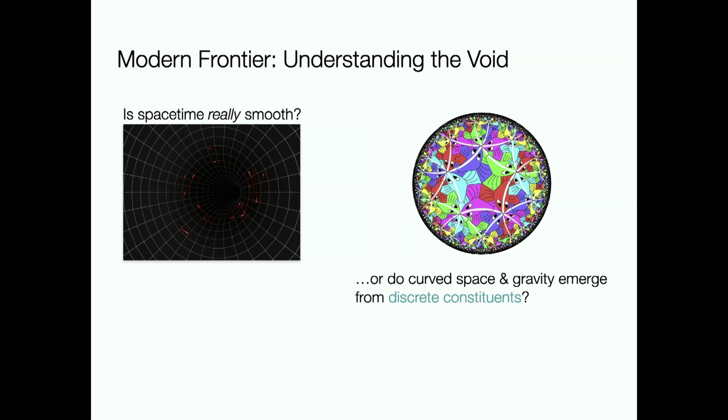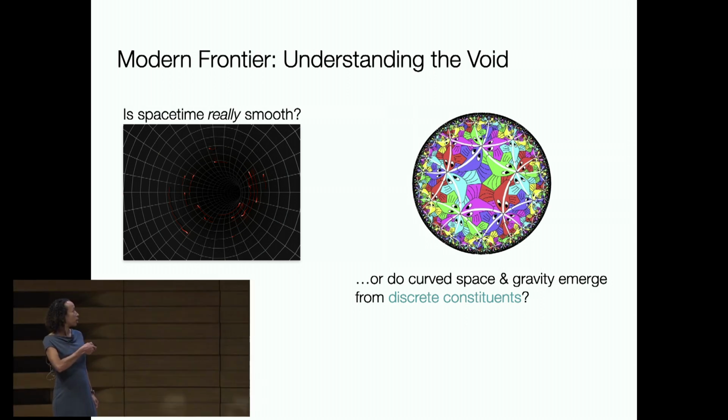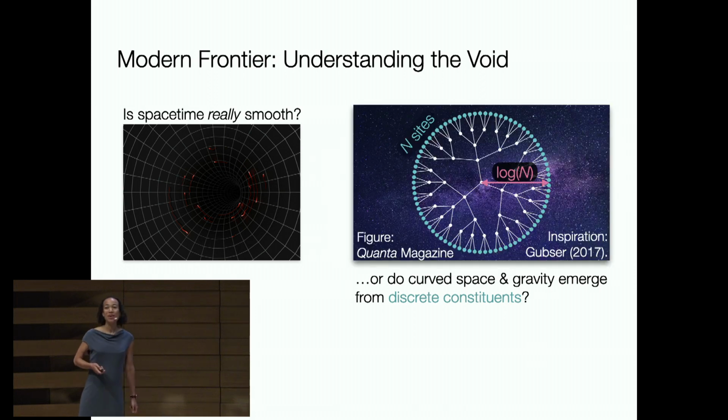Here's an example: a picture by Escher showing a tiling of a hyperbolic space. You can tell it's curved because you should think of all the fish as being the same size, but there are many, many more fish around the circumference than across the diameter, and that tells us there's negative curvature here.